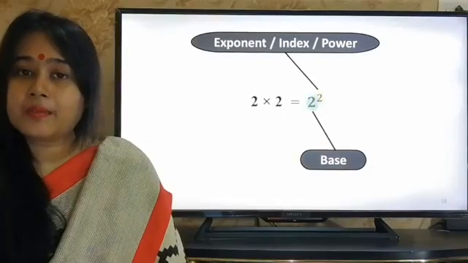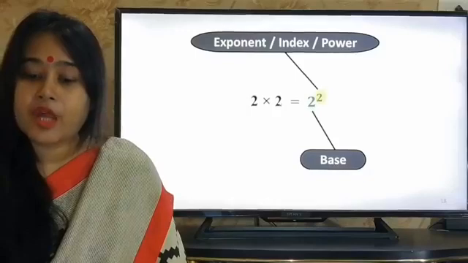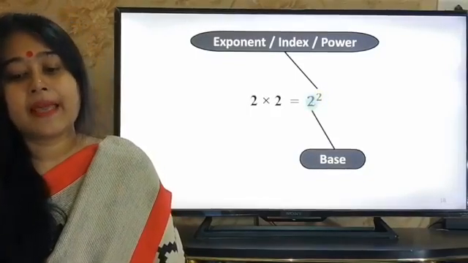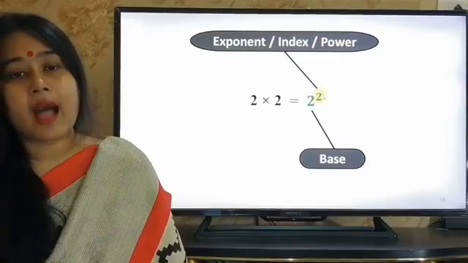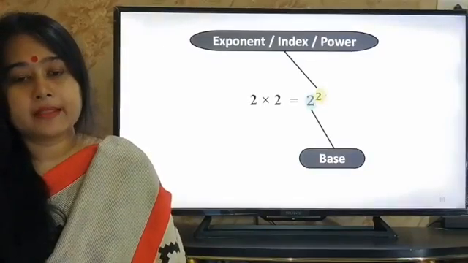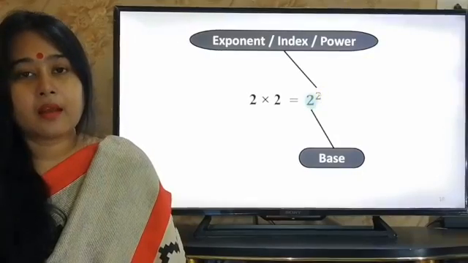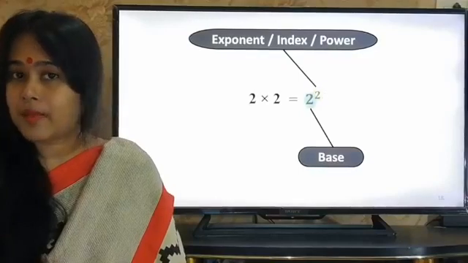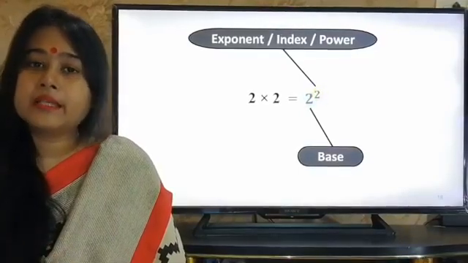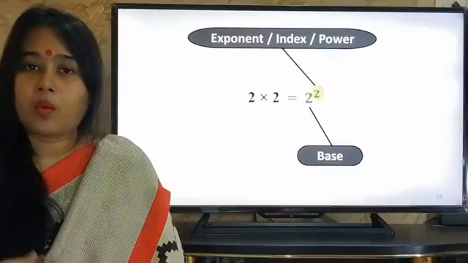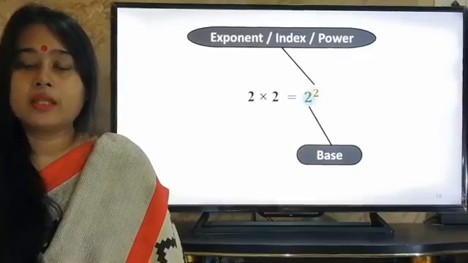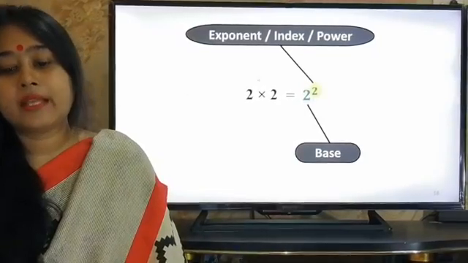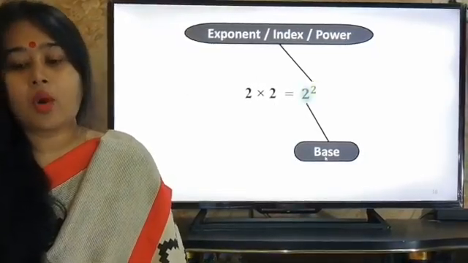And how many times is this 2 multiplied by itself? 2 times. This 2 times is written at the upper right corner of the base. So this 2, which indicates how many times the base is multiplied by itself, is called the exponent or index or power, and the 2 that is multiplied by itself is called the base.